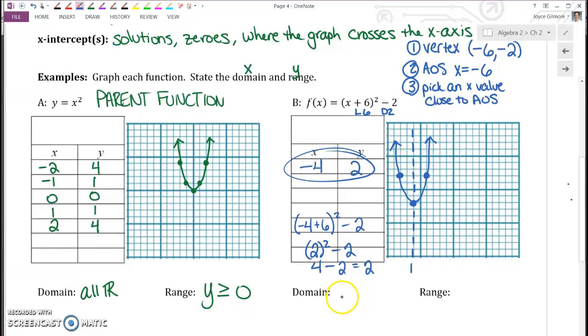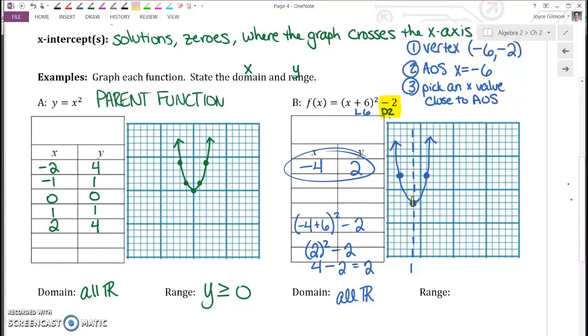The domain is all real numbers. Now, the range for the parent function was y is greater than or equal to 0. But we moved this graph down 2.